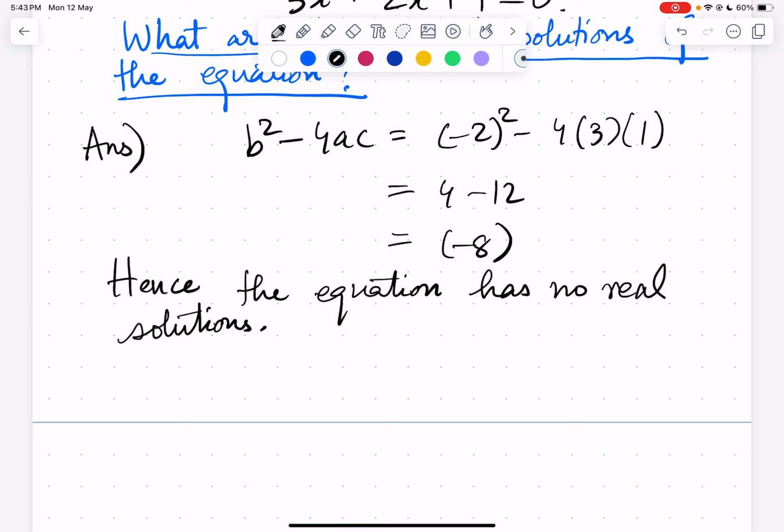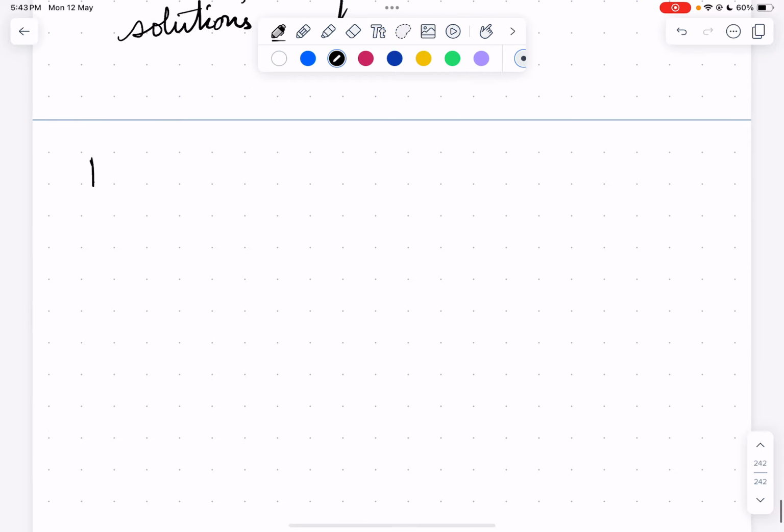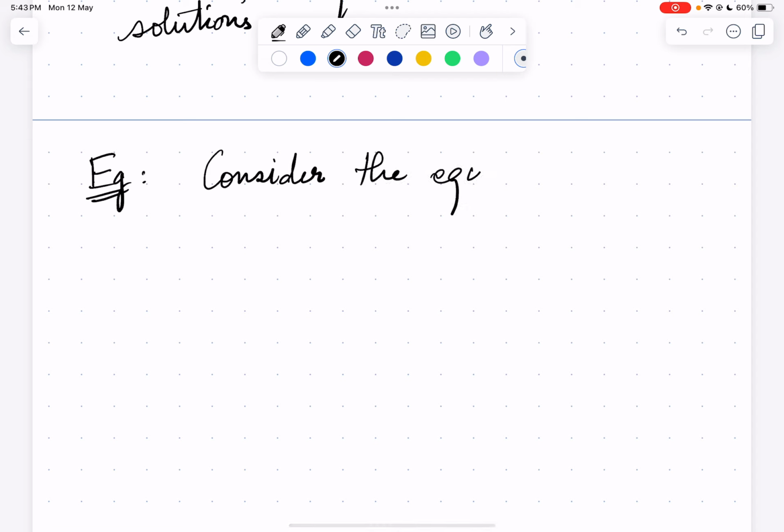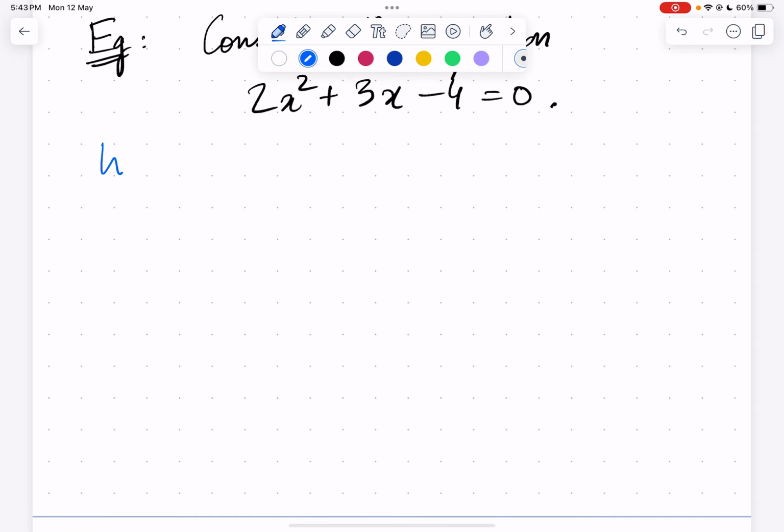So we can consider another equation. Consider the equation 2x squared plus 3x minus 4 equals 0. We can ask what are the real solutions of the equation.